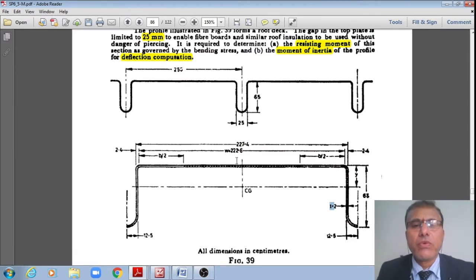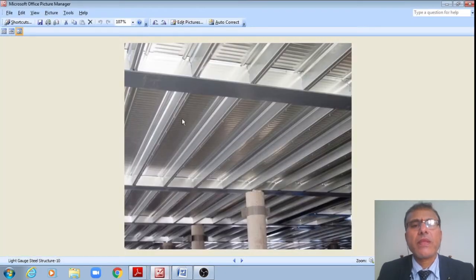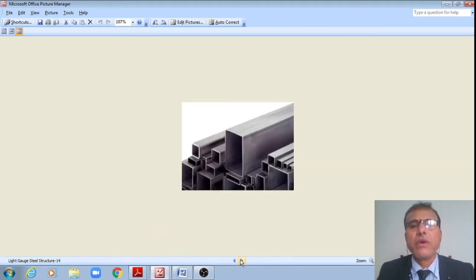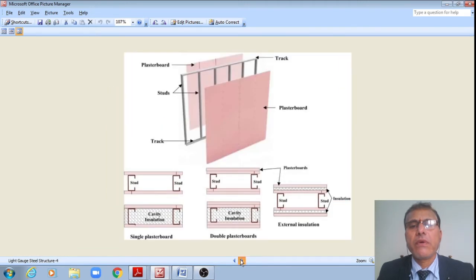Now let me move to the numerics. There is 250 given for the flange, whereas this is 25 and this is 65. These dimensions are given. Let me also show one more schematic.